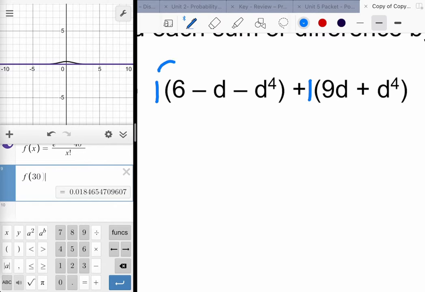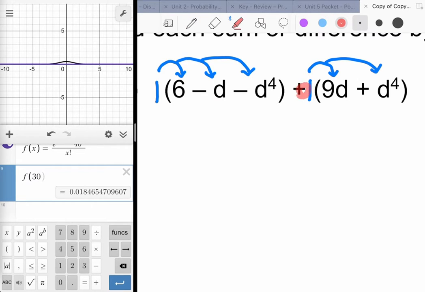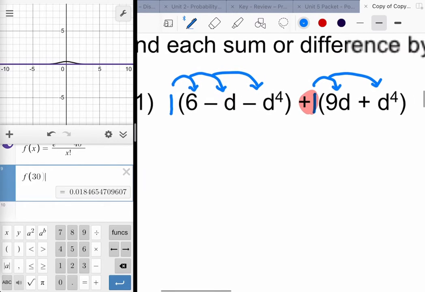That 1 gets distributed to each term inside the parentheses along with the corresponding sign, all right? So this one has a sign of a plus or a positive sign associated with it. This one, we assumed it was a positive one, so I could throw a plus in front of the 1.